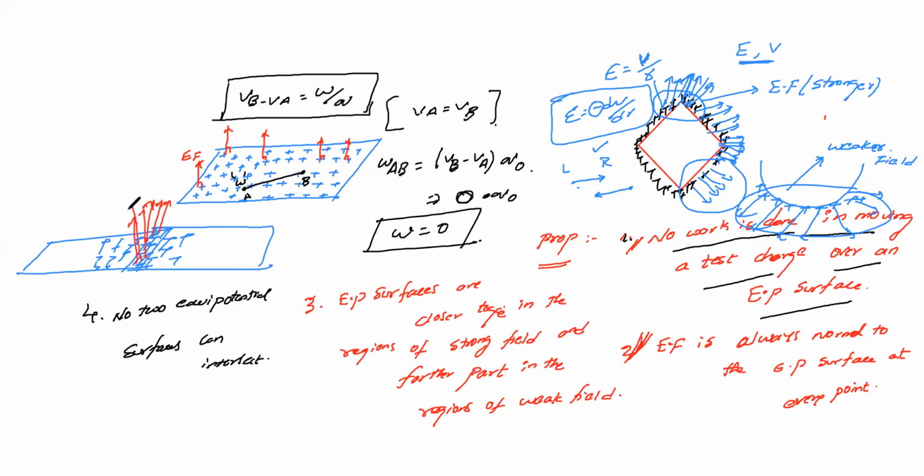Two different potentials will be there at that point of intersection, but two different potentials at one point are not possible. So these are imaginary only, and they will not intersect with each other.